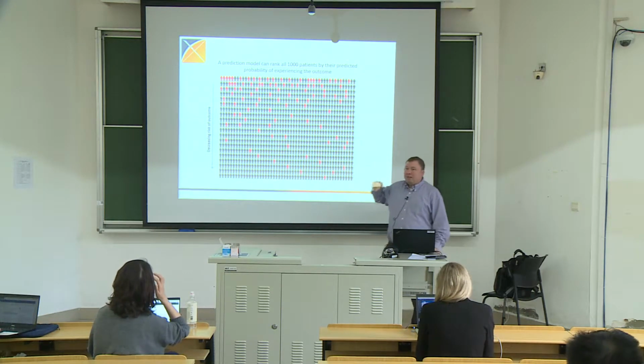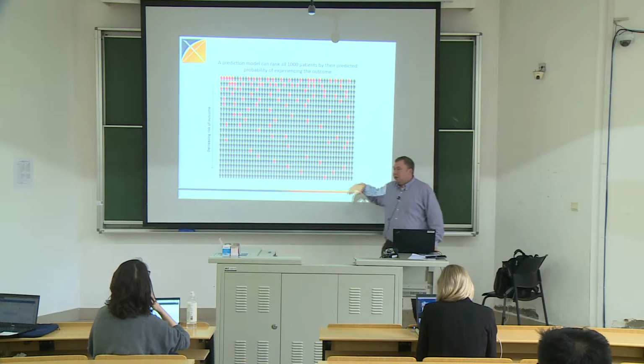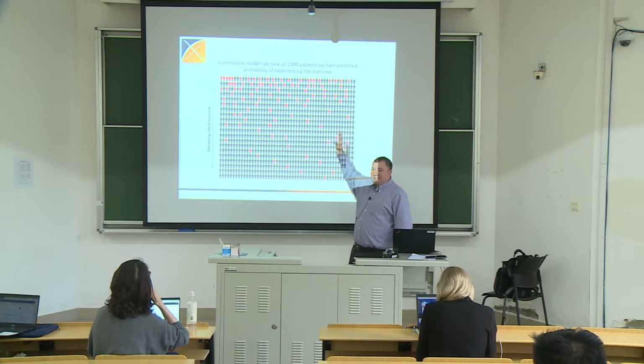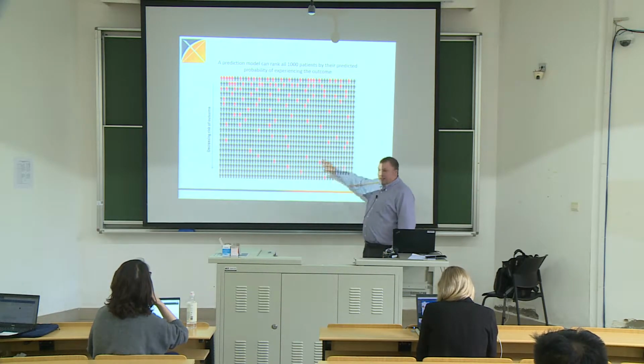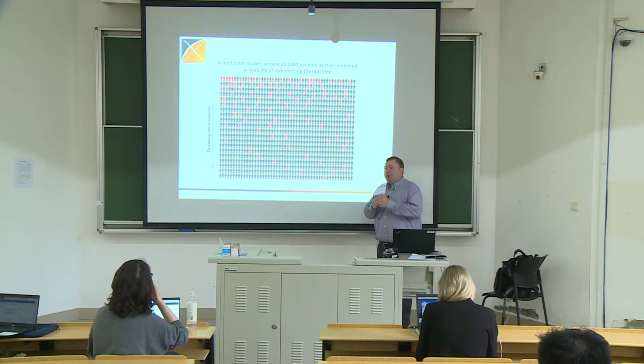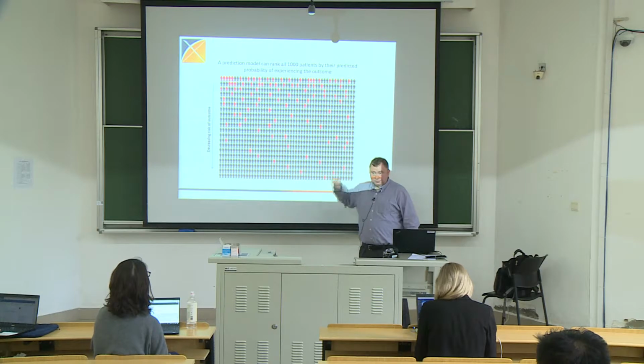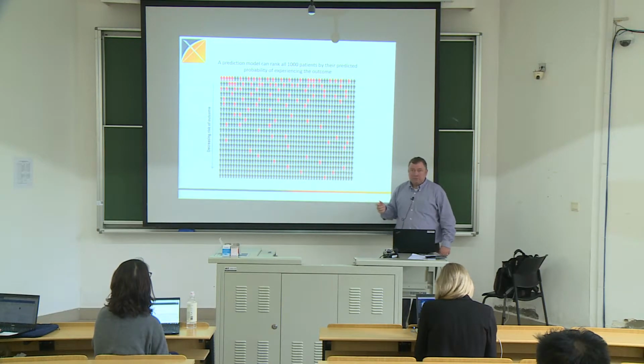Instead of the red dots being randomly scattered across the screen, you now notice that there are more red dots, more red people towards the top and less red people towards the bottom. By ranking people on their individual probability of an outcome, we can identify high-risk people and low-risk people.